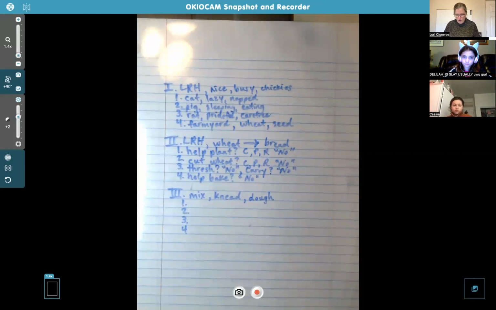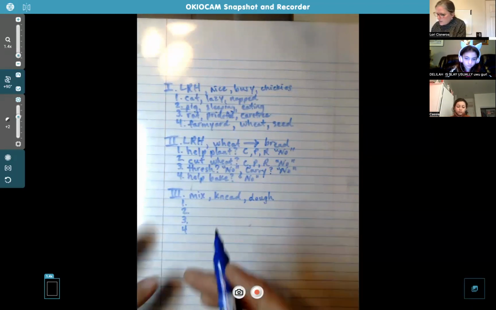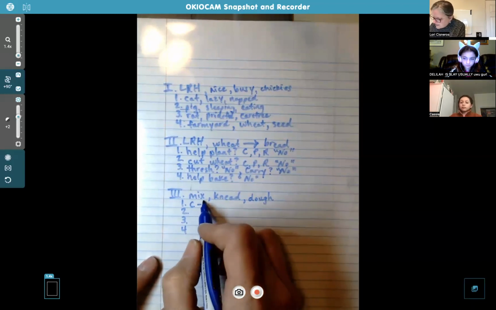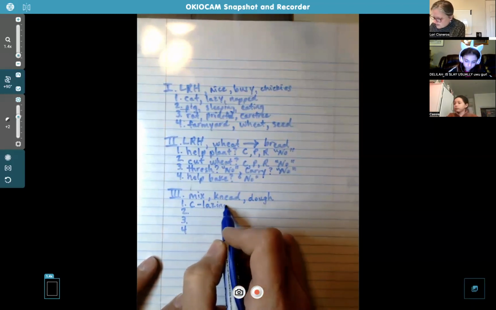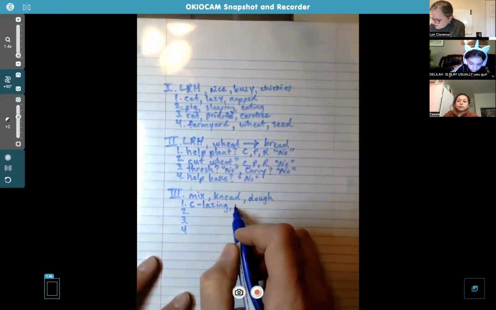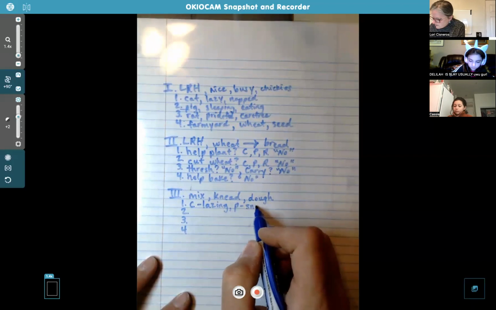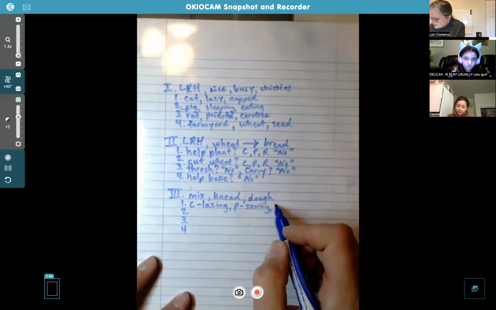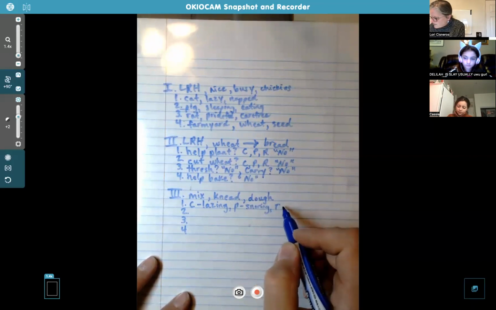They are just no help whatsoever. So the cat, I'm just going to put C, is lazing around, right? The pig is snoring. And the rat, what's the rat doing?